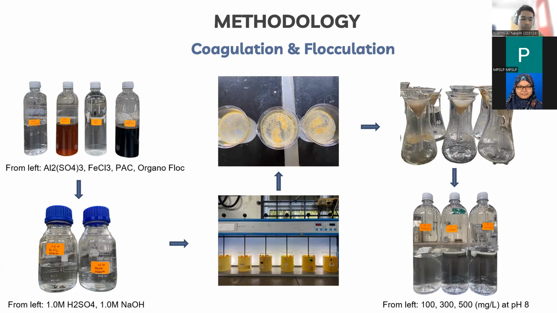Then I will prepare the stock solution for acid and alkali, which is sulfuric acid and sodium hydroxide. 1 molar sulfuric acid and 1 molar sodium hydroxide are used to adjust the pH of the biodiesel with water. And then I will proceed with the jar test.